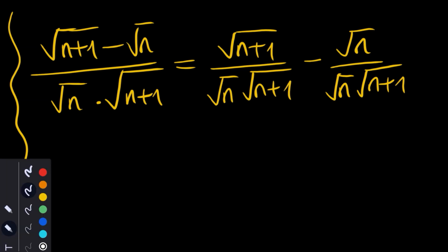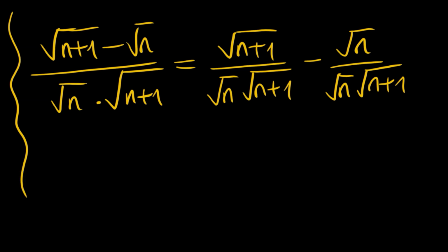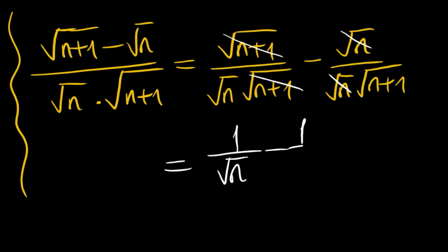Doing our cancellations, here we will have 1 over root n, and here we will have 1 over root n plus 1. This is something we may have seen before. This is the difference of 1 over root n and 1 over root n plus 1.